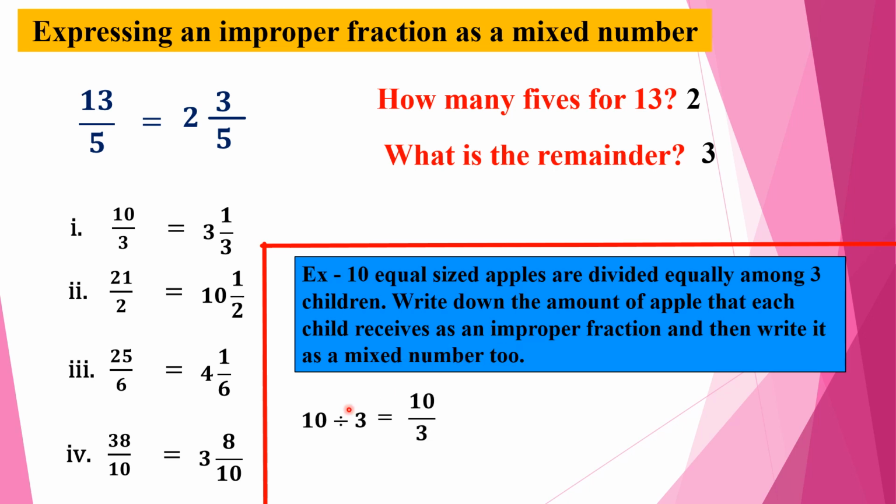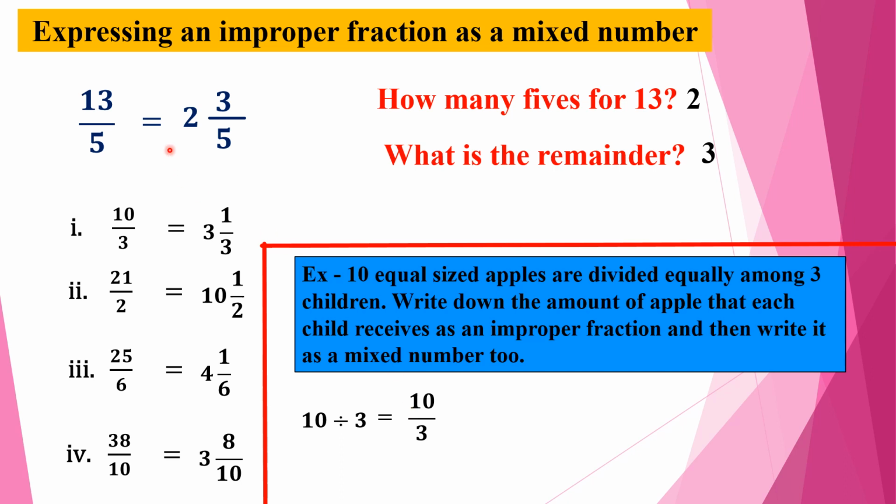Can you remember, we have 10 apples and we have to divide them among 3 children. Then we have to divide 10 by 3. Also we can write this one as 10 over 3. Now we have found the improper fraction. Now I want to convert this into a mixed number. How can we convert?